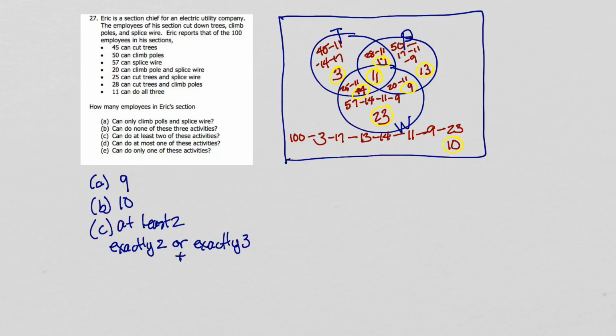So what we're going to get here, exactly 2, is going to be 14 plus 17 plus 9, and then plus, that plus sign there, exactly 3, that's the one in the middle right here. So that's going to be the 11. And when we add these up, I got 51.